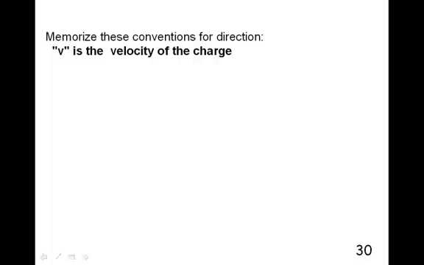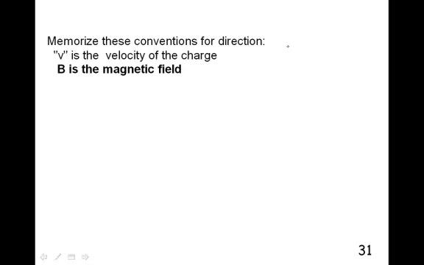Okay, now to avoid confusion, memorize these following conventions for portraying direction on two-dimensional pieces of paper. First of all, we know that V is always going to be our velocity. B is our magnetic field.